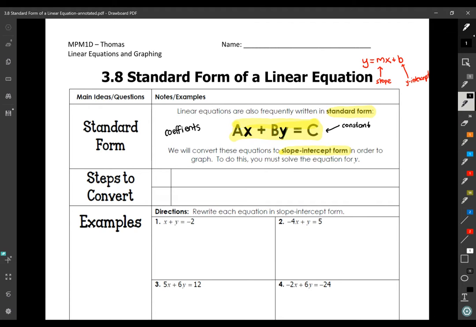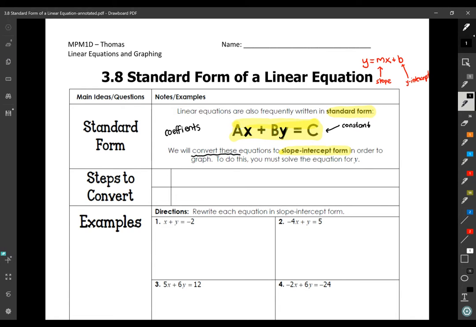Okay, and when linear equations are in standard form, we typically want to convert these into slope-intercept form. And this is because once we have our equation in slope-intercept form, it's so much easier to graph.